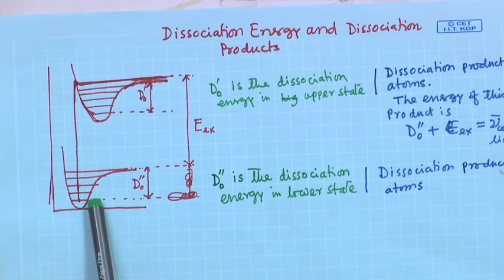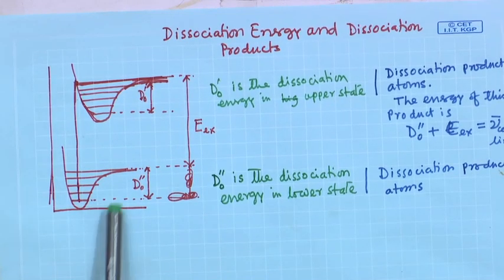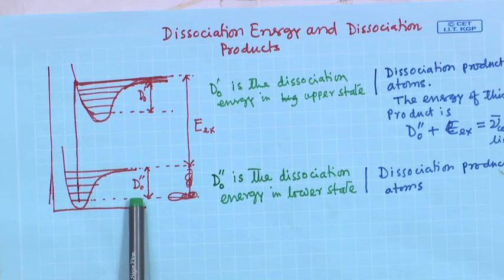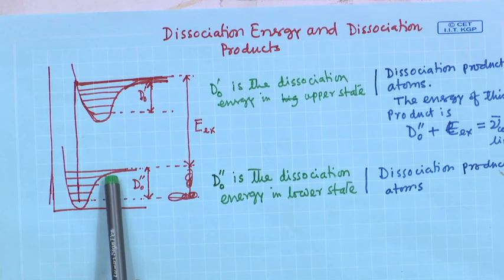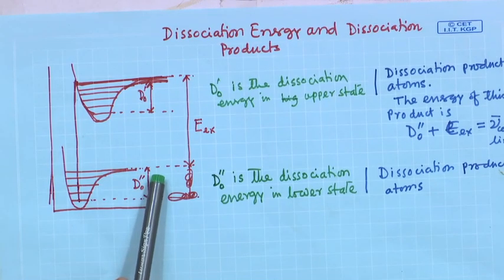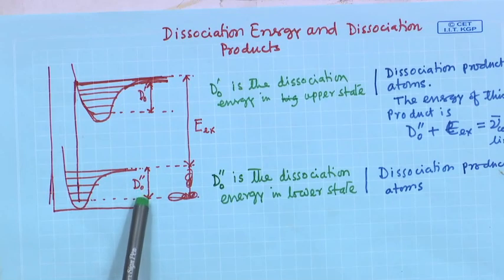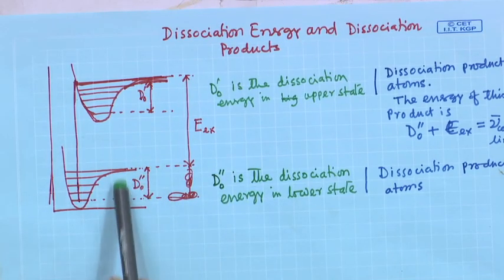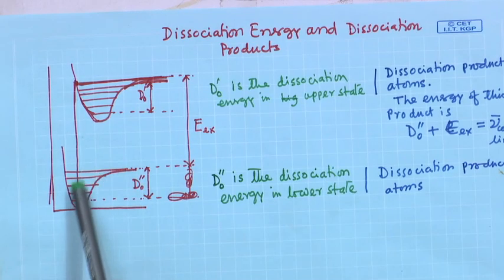So, when the molecule is in this electronic state, and it has different vibrational levels, if the molecule dissociates in this electronic state itself, then the amount of energy, it is D0 double dash, that is required to dissociate, to break the molecule. So, this energy is called the dissociation energy for this, say, ground state.